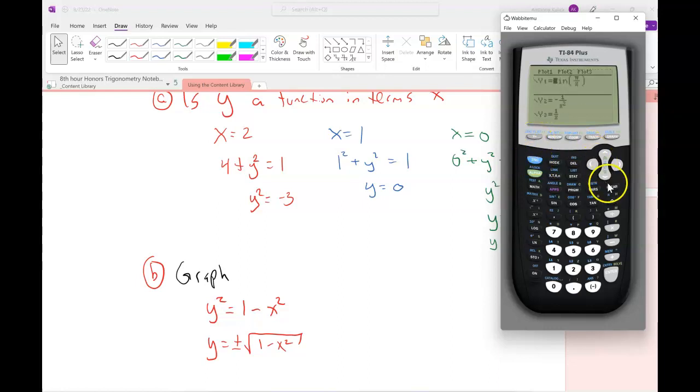So to do this, what I can do is I'm just going to do this in 2 lines on my calculator. And I'm just going to go down and make sure that nothing else is set to graph that I don't want. I'm going to look at my window and just shrink that down a little bit. And I have my axes off.